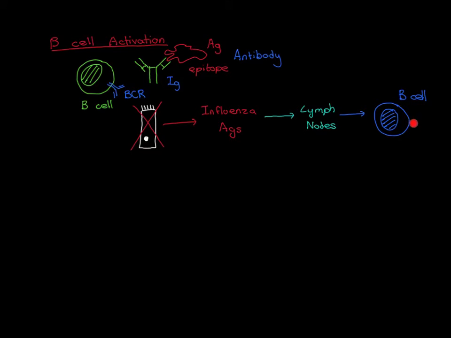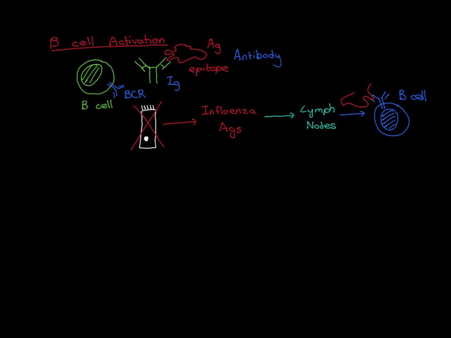If this B cell has a design of immunoglobulin that is directed against an epitope of the influenza viral antigen, and that influenza viral antigen comes to it, what's going to happen is the influenza viral antigen is going to bind to the B cell receptor on the surface of the cell. So let's just put this on here. So here is the B cell receptor, drawn here, and let's have the influenza viral antigen again here in red.